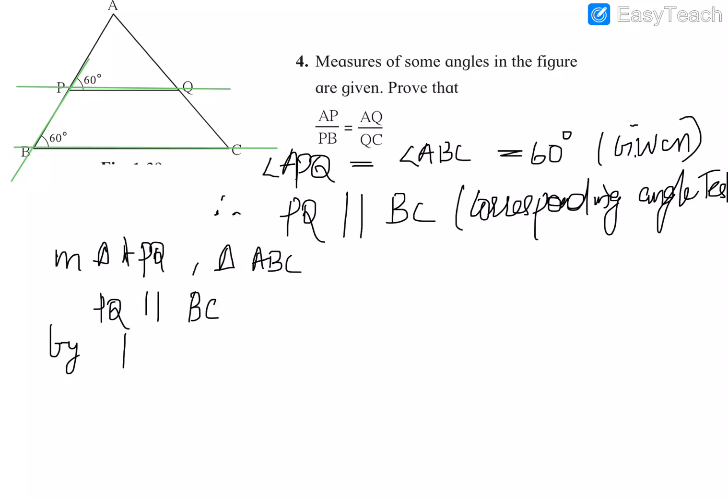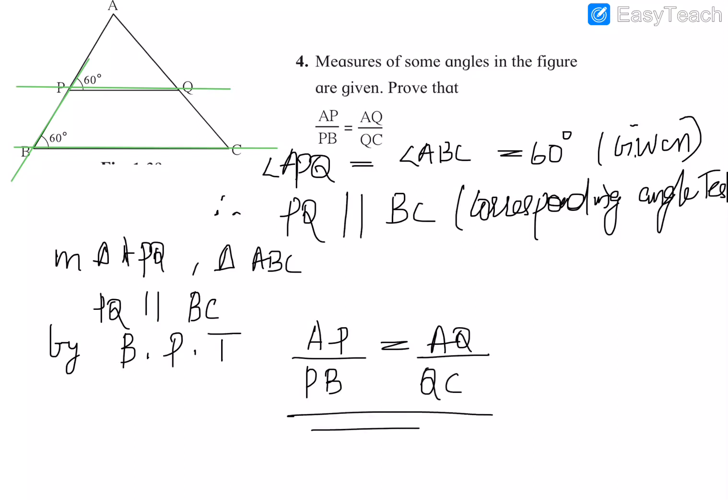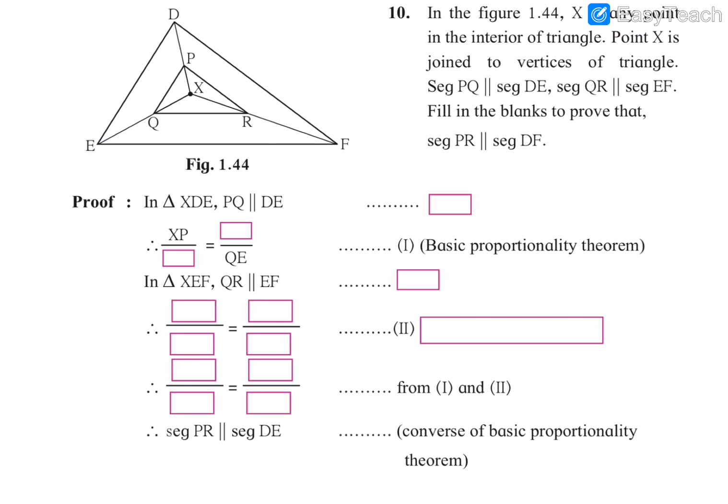So by basic proportionality theorem, the ratio of the corresponding sides will be equal, that is AP by PB is equal to AQ by QC. So we have solved this problem.